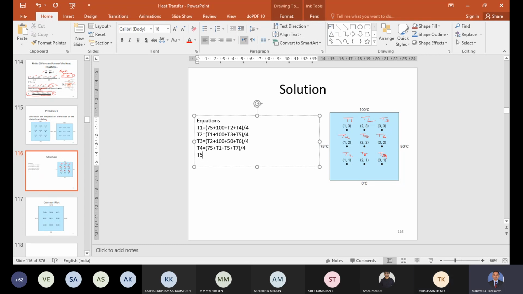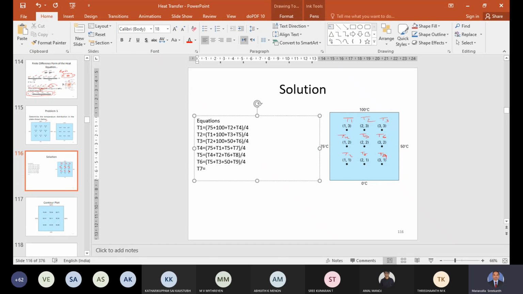Then T5 is equal to (T4 plus T2 plus T6 plus T8) by 4. And T6 is equal to (T5 plus T3 plus 50 plus T9) divided by 4.